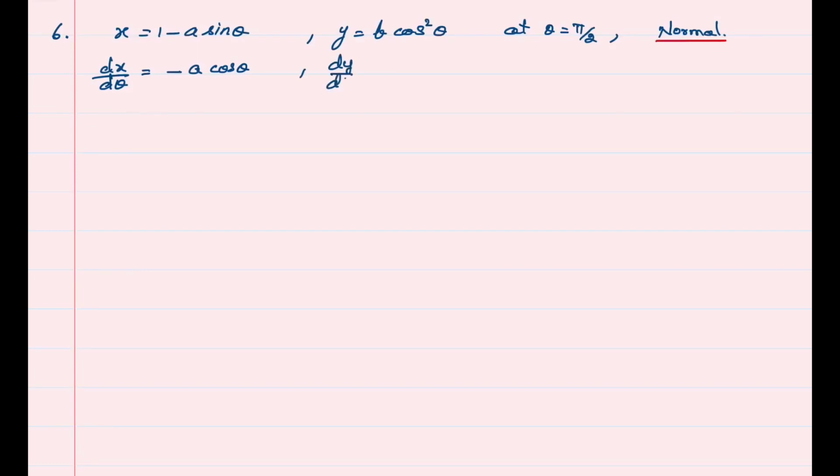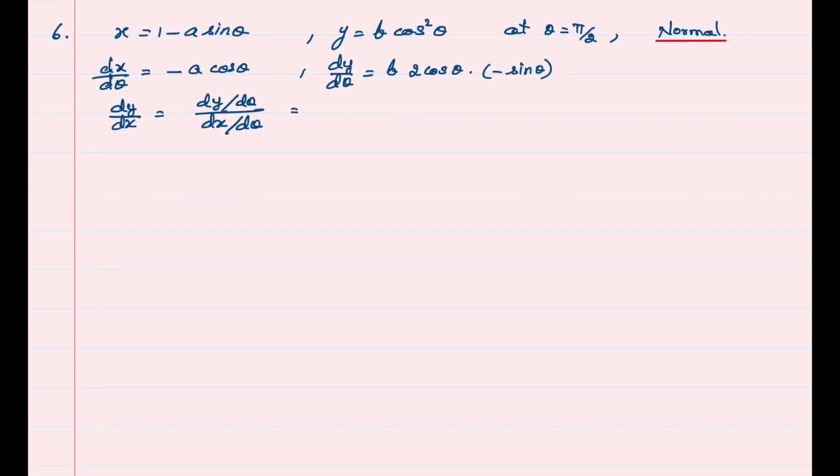dy by d theta is, b is a constant. We will apply chain rule. Power has to be differentiated first, keeping the base same. Times, now base has to be differentiated. Differential of cos theta is minus sin theta. We will find dy by dx, which is dy by d theta upon dx by d theta.